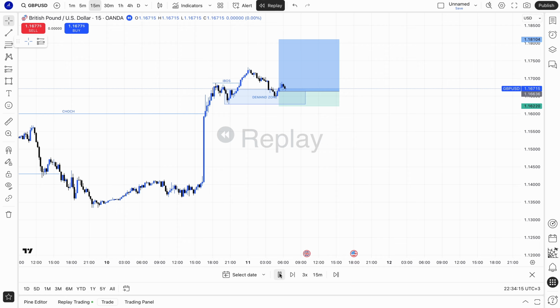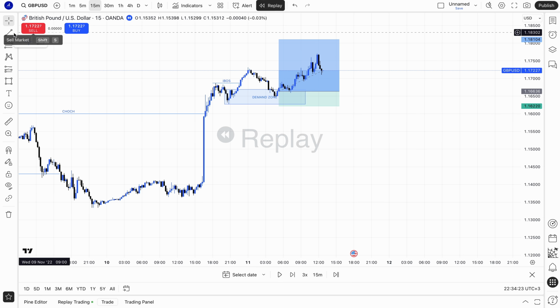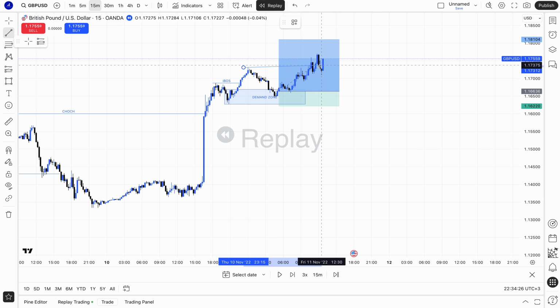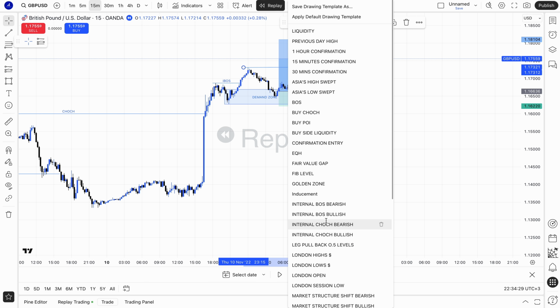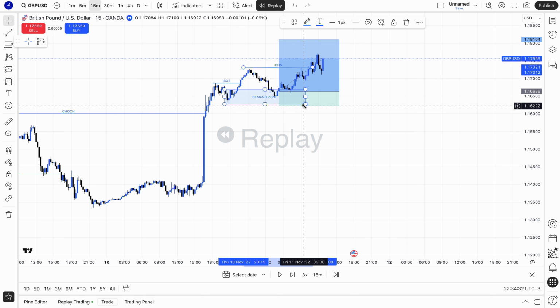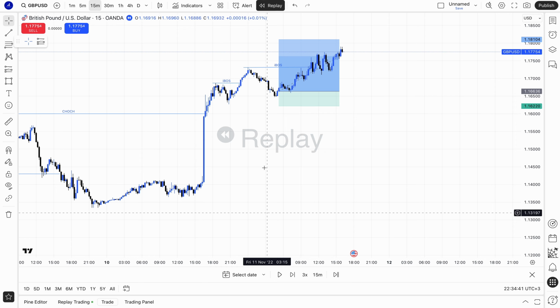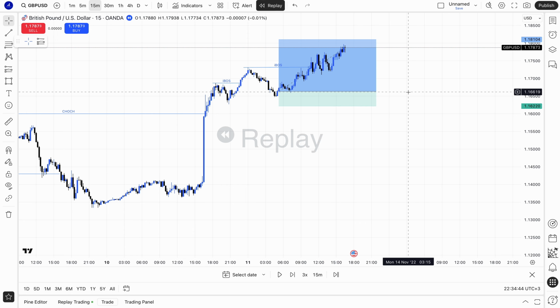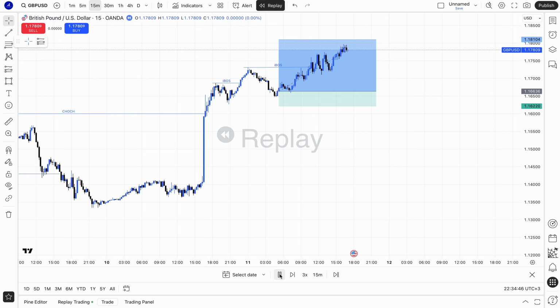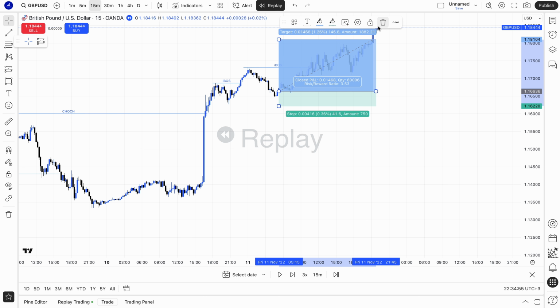We got a clean entry. It's now just a waiting game. Had our breakout structure to the upside. Then we hit our TP, full TP, clean.